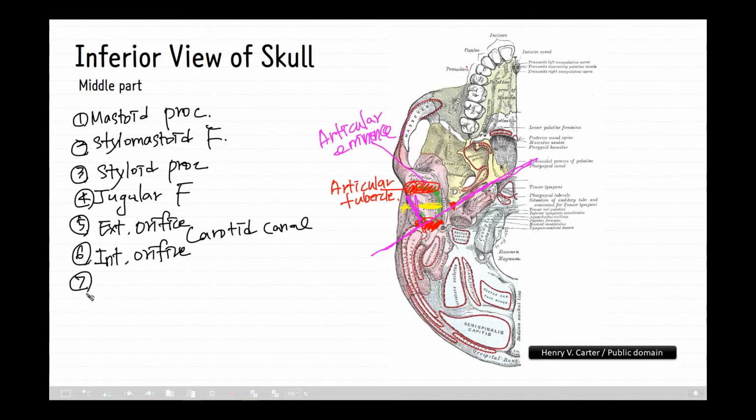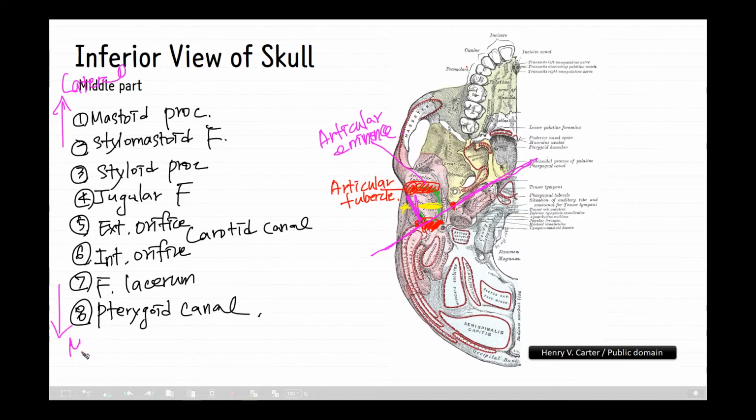Number 7 is the foramen lacerum. And number 8 is the pterygoid canal. As I said, this side is lateral, and this side is medial.